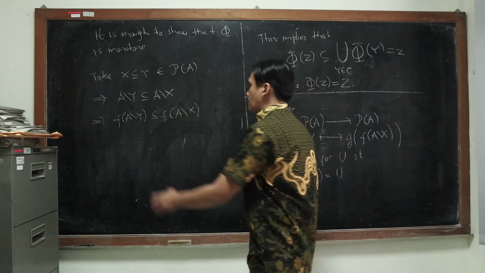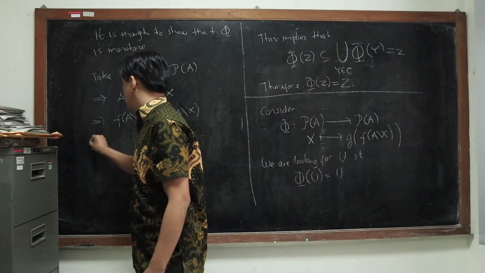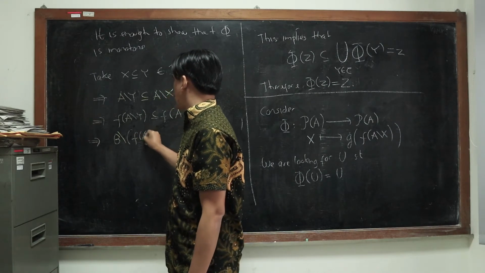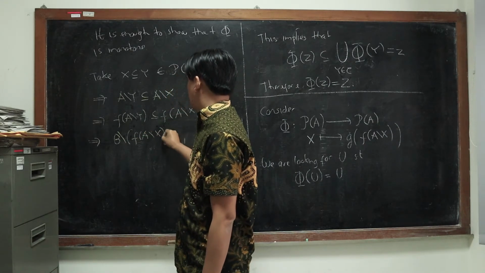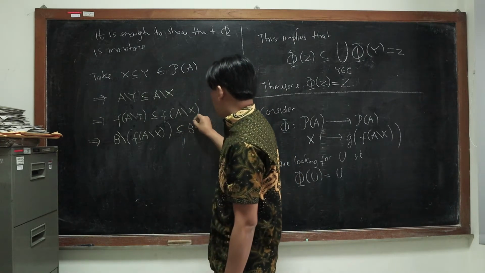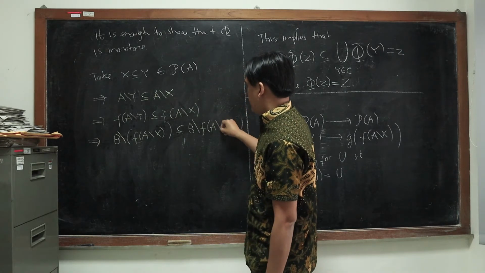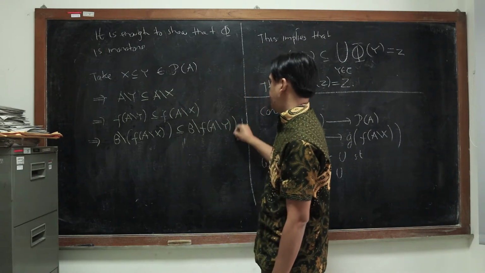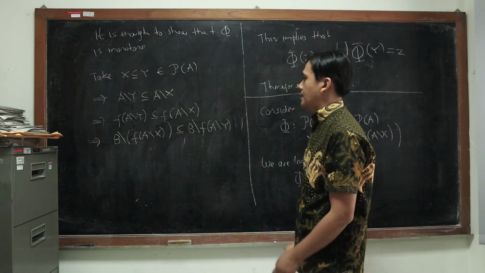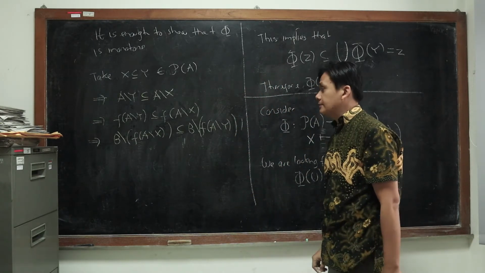Okay. Now both of them are subsets of B. And B minus F of A minus X will be smaller than B minus F of A minus Y. Alright.